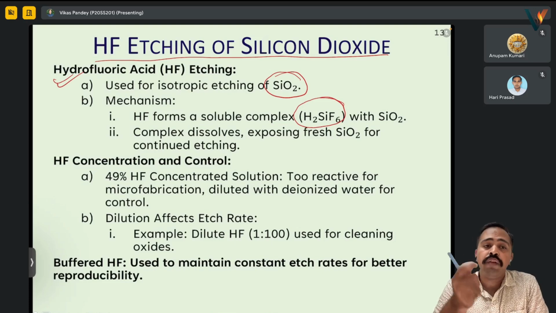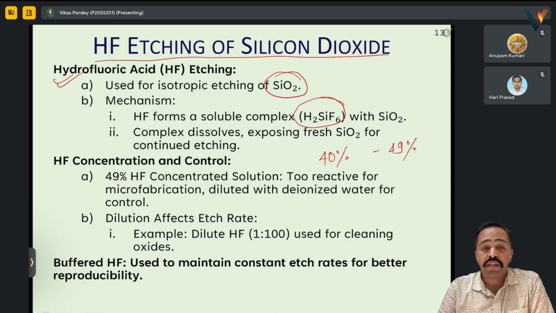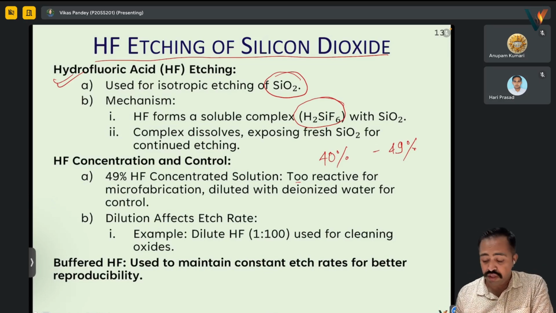Now, if you buy any HF solution, you will see that it is generally in the range of 40% to 49%. That is the commonly available HF solution. But this concentration is too reactive for microfabrication.